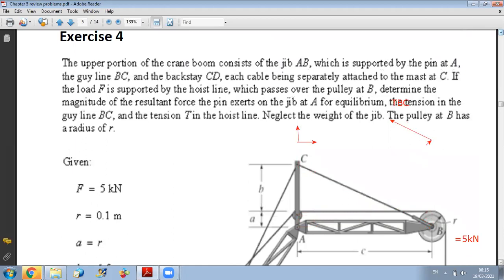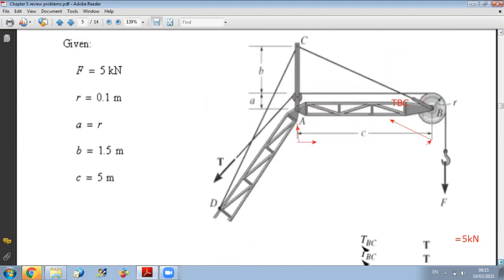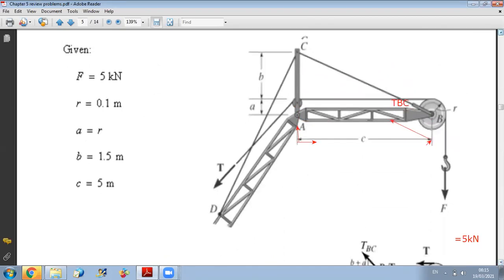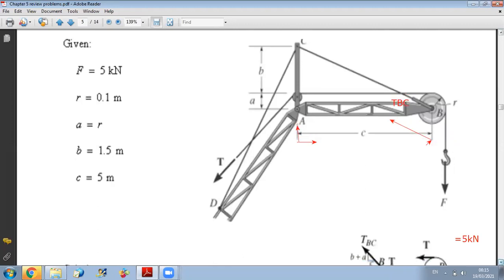So when they don't give anything about the weight, okay, I can consider that I have a weightless structure. Okay, so here, to start my analysis, I know one of the forces acting on the pulley. So I will start my analysis from the pulley.